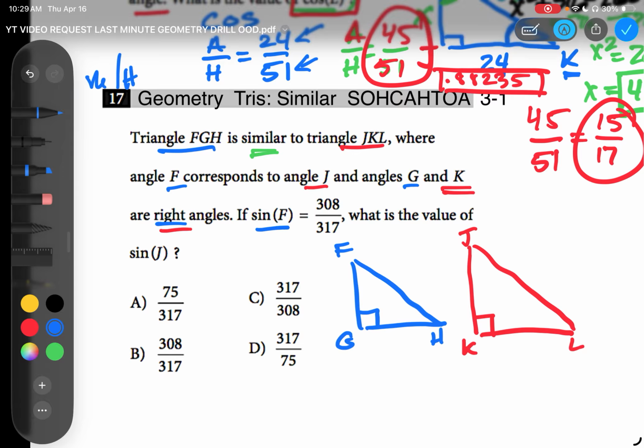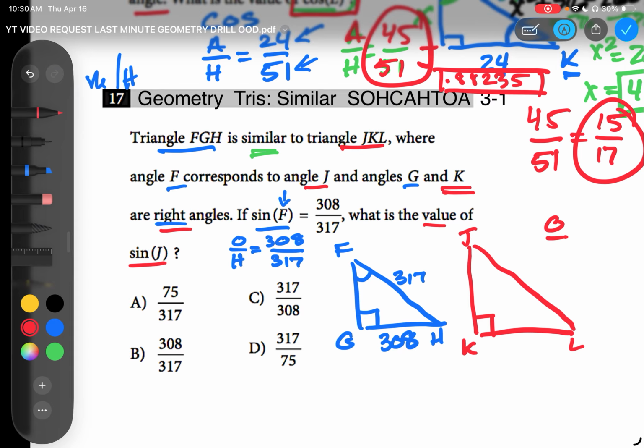If sine F, what is sine? SOHCAHTOA: opposite over hypotenuse is 308 for the opposite, and the hypotenuse is 317. Let me stick there, 317. And my opposite of what? Of F, so the opposite of that angle is going to be 308. I'm set. Now they're asking, what is the value of the sine of J? What is sine?